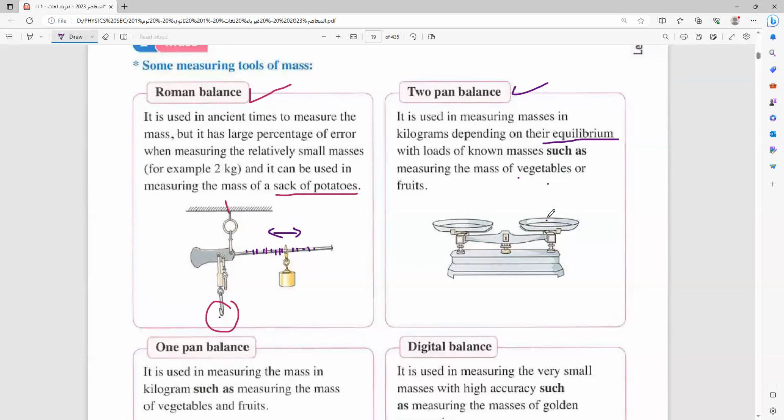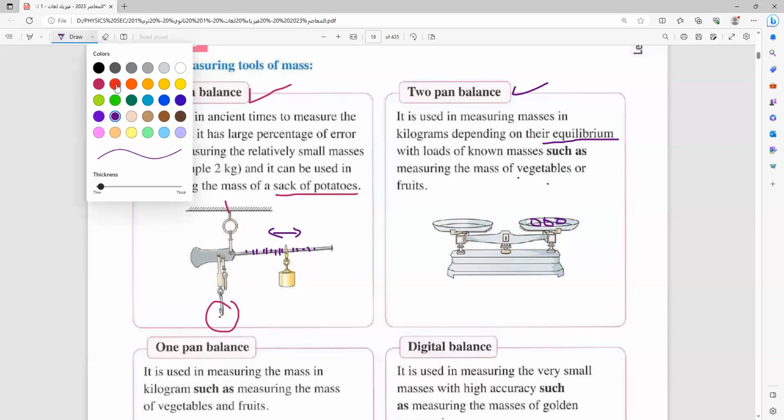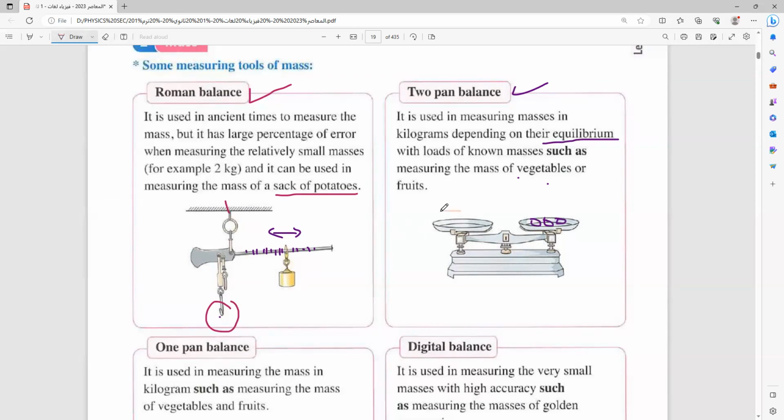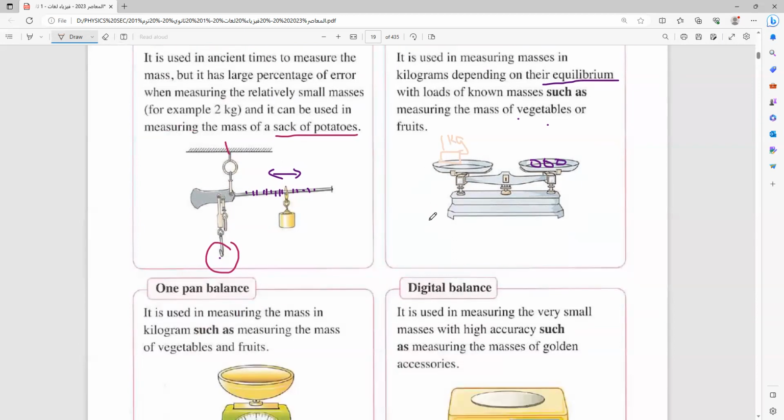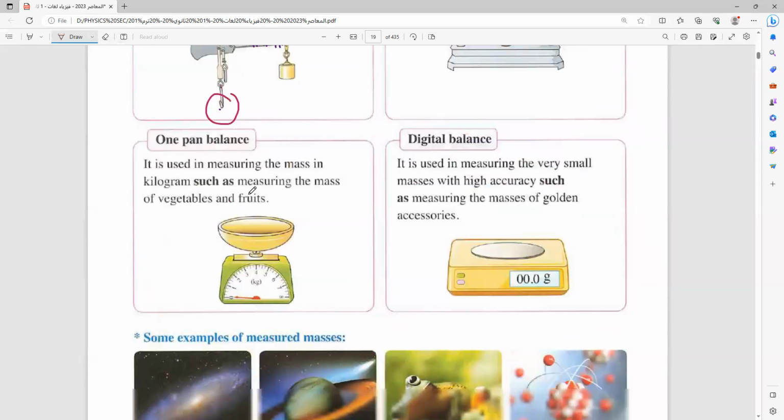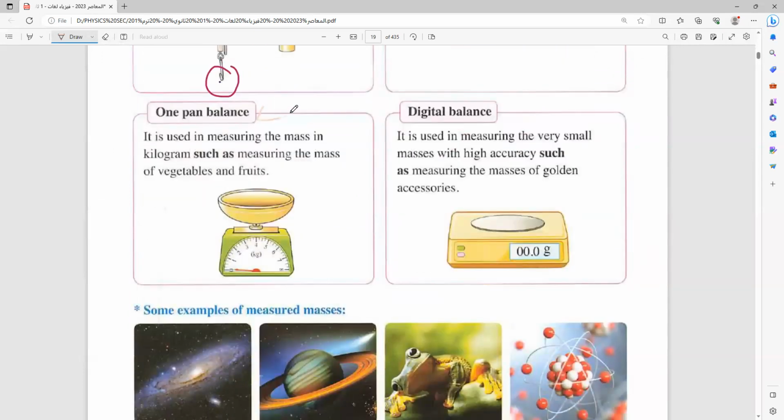Here we put the object, for example tomatoes, and on the other side we put something called standard mass, for example 1 kilogram or 2 kilogram and so on. Number 3, the one-band balance, or one band with pointer, is used for measuring the mass of vegetables and fruits.